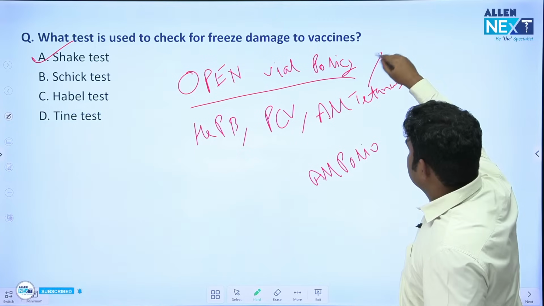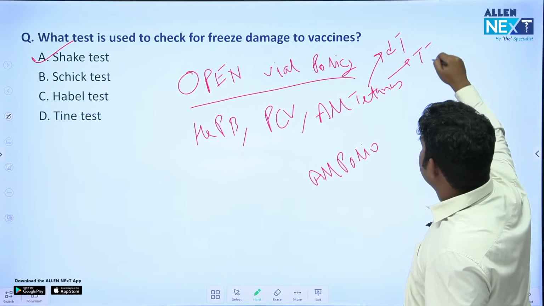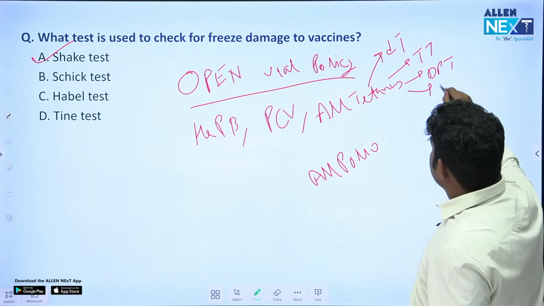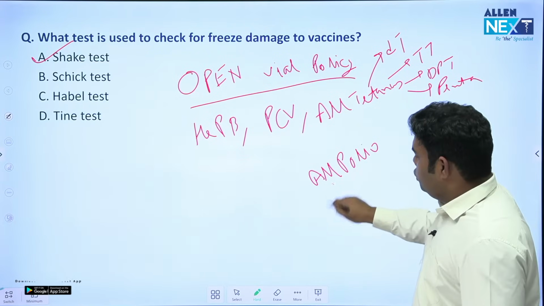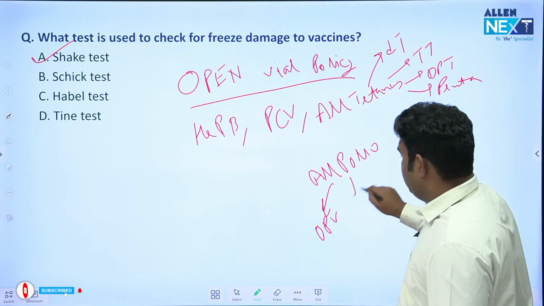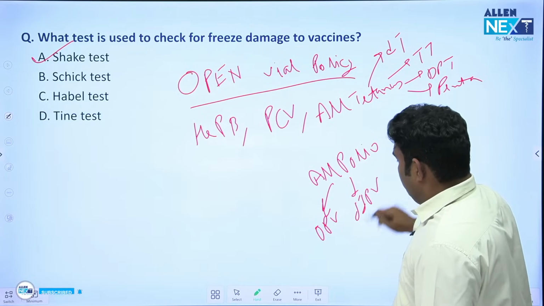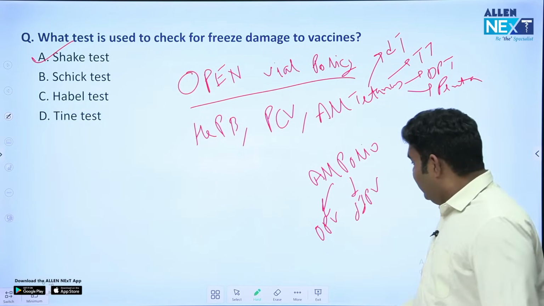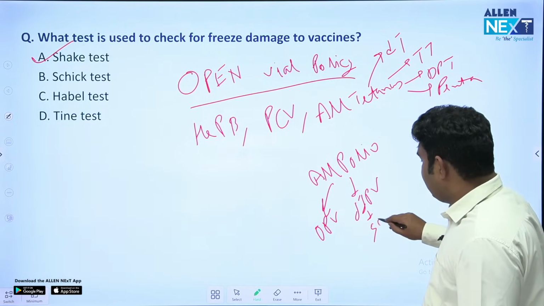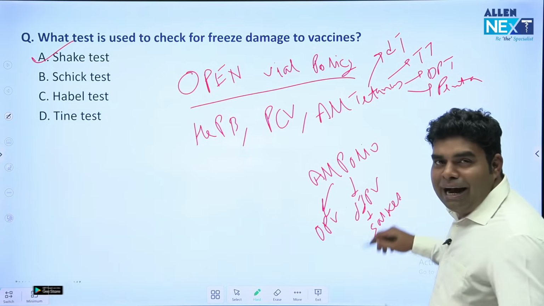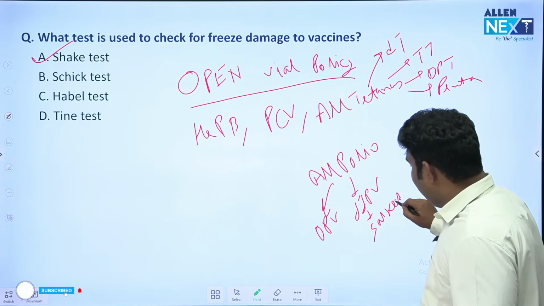What does all tetanus mean? All tetanus means DT, TT, DPT, pentavalent. What does all polio mean? OPV, IPV. Which one is Salk? Which one is Sabin? Salk is IPV because IPV is killed. Salk laga mar gaya. So Salk is killed, IPV.